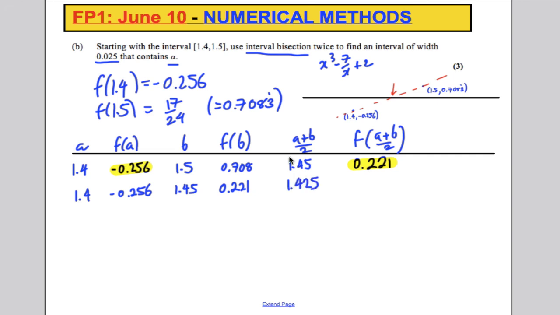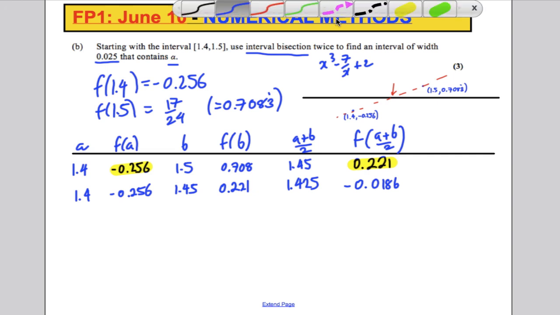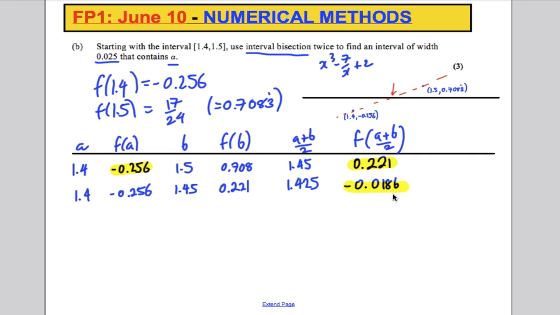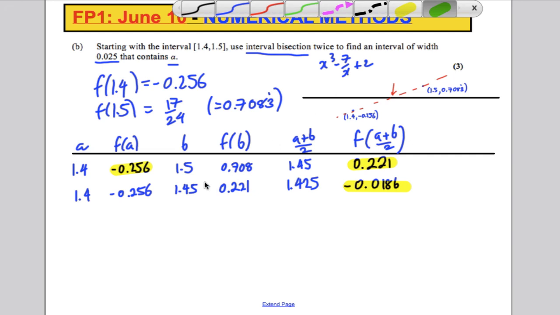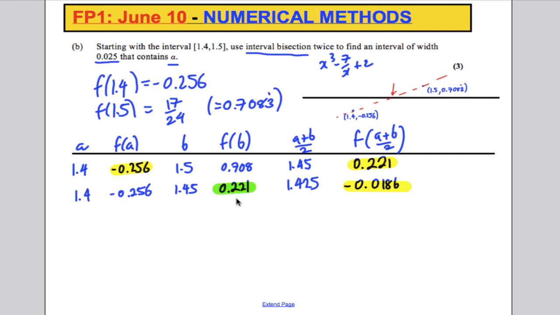So we want to do 1.425 cubed, subtract 7 over 1.425 plus 2. And we work that out and we get ourselves negative 0.0186. And we want to take that one, the new one, and that's a negative, so going with it, we want to take what made it positive, i.e. that one.